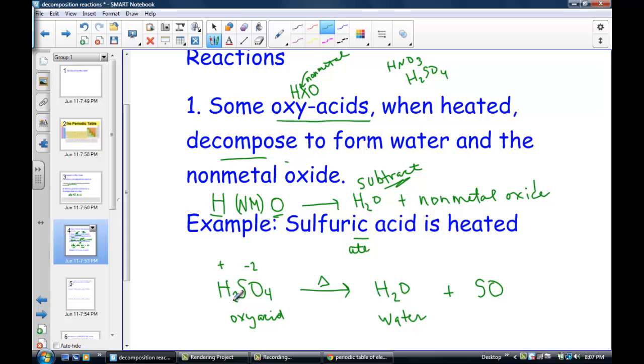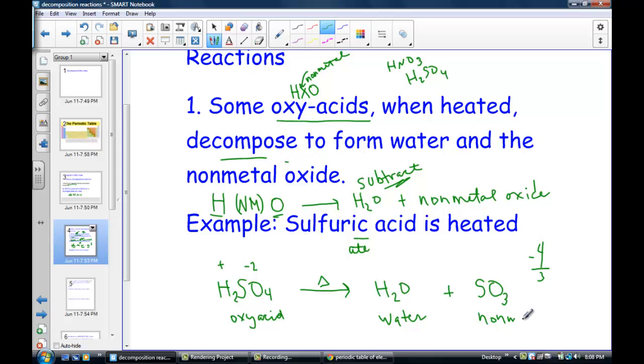We have 2 H's already accounted for in the water, all set there. We have 1 S. I'll leave this subscript as a 1. And there are 4 oxygens. I've used 1 to make a water. How many are left? Well, if I started with 4 and I used 1, you got it. I have sulfur trioxide.